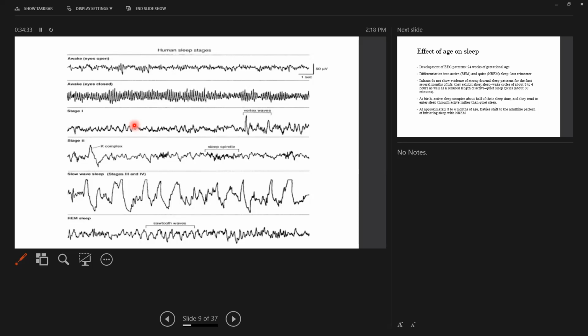Depending upon which disorder you see, you can choose a medication, and depending upon when the event is occurring, you can tell, for example, that night terrors occur in NREM.